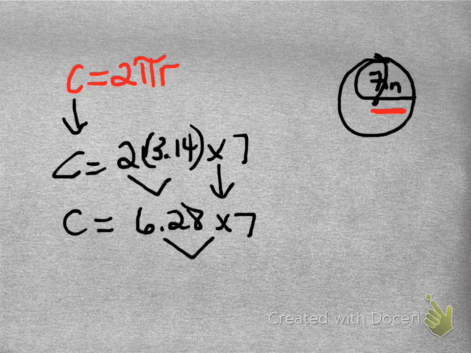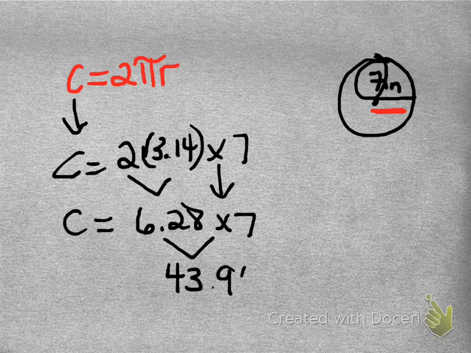So 6.28 times 7 is going to give us 43.96. Our answer is that the circumference is about 43.96. Again, I was just plugging in the numbers that I know. I knew I had to use this formula here because I was dealing with the radius.